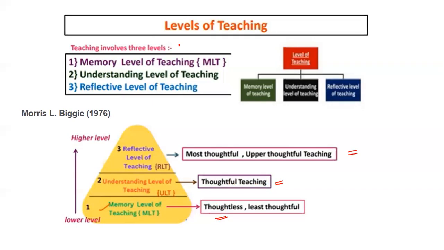And when it comes to the proponents, Herbert is the proponent of the memory level, Morrison is the proponent of the understanding level, and Hunt is the one who has given the reflective level.